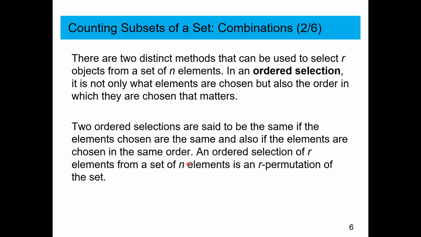A key thing up to this point is whether or not we have order. If it's ordered, then not only do the elements chosen matter, but the order in which we choose them matters. That leans more towards permutations, because permutations deal with ordering. Combinations deal with unordered sets.